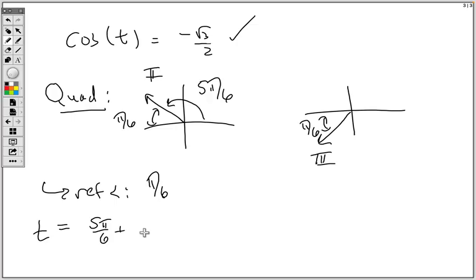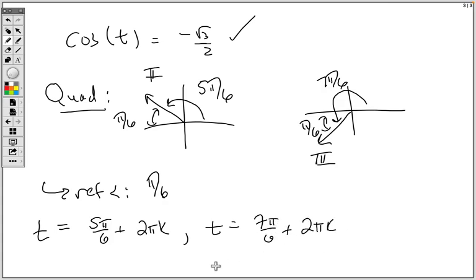Then I would catch all the answers by slapping on multiples of 2 pi. Or I would be 7 pi over 6. Once again, I'd slap on multiples of 2 pi. Slapping on the integer multiples of 2 pi guarantees that I capture all the answers by taking into account all the coterminal angles. Okay, so this is how I would solve this equation.